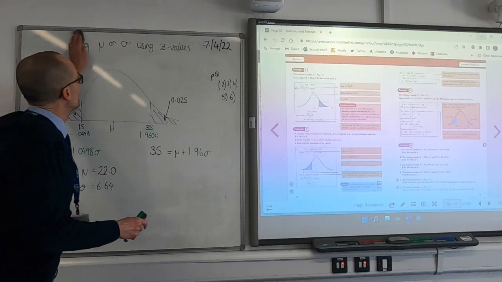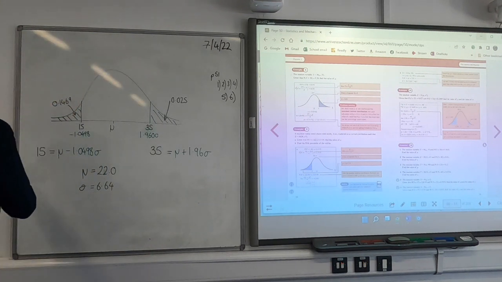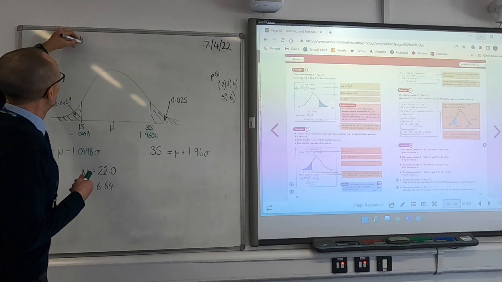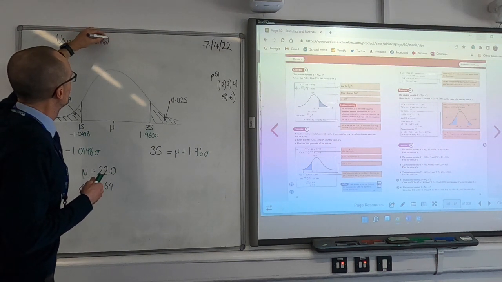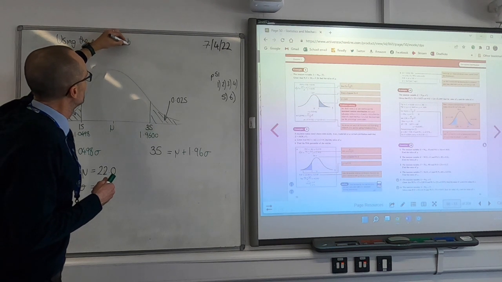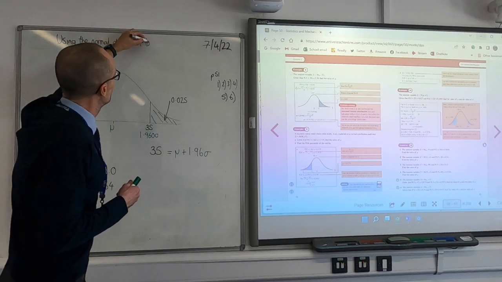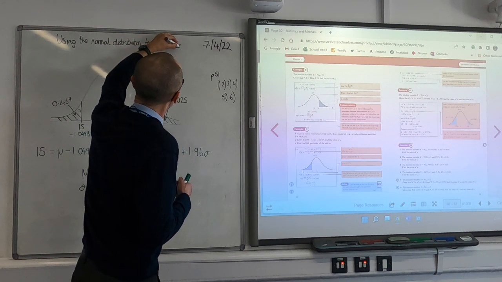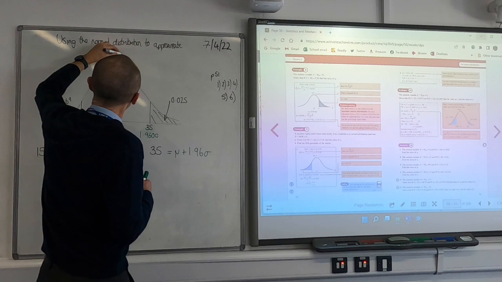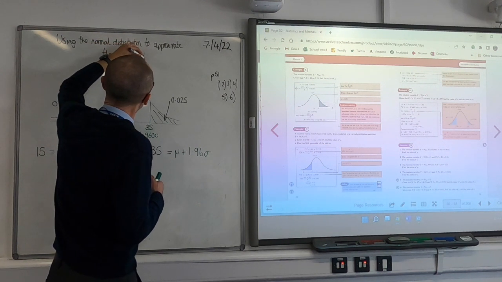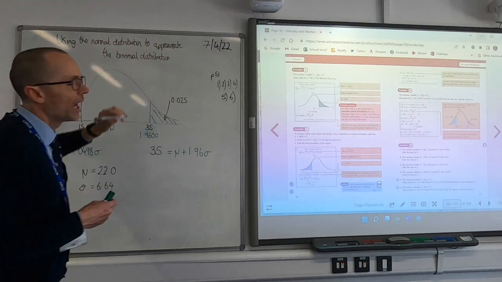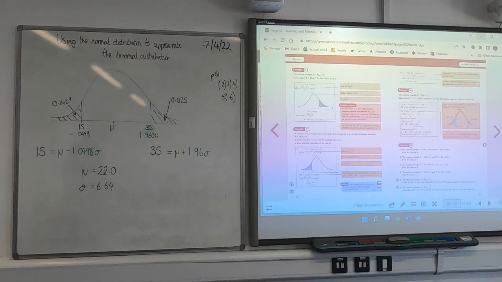Okay. So the last thing I want to cover today is using the normal distribution to approximate the binomial distribution. This is another thing which has been rendered completely redundant by our calculators.